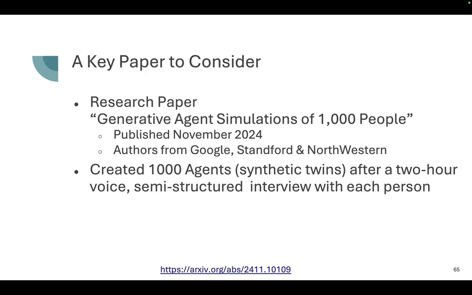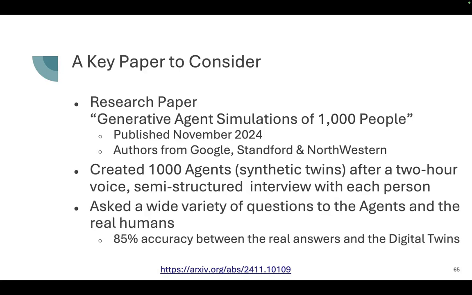So a basically qualitative probing interview, a bit more like a police interrogation than a qualitative piece of research, getting lots of information about these people. They created the agents. They then asked a wide variety of questions to the agents, and then they asked them to the real people, and they got what they called an 85% relative accuracy rate.